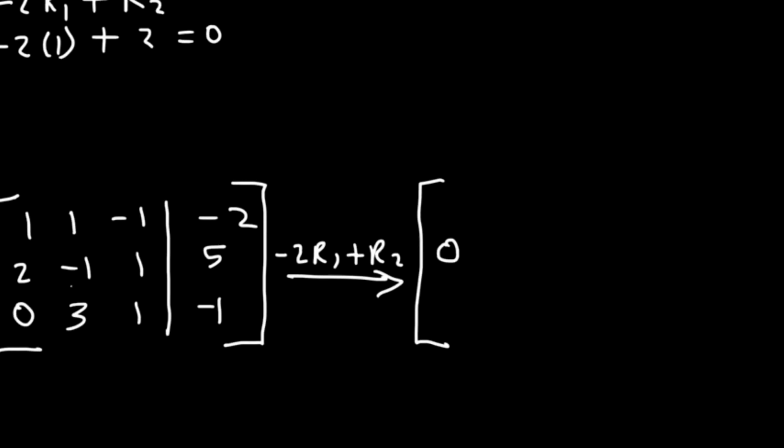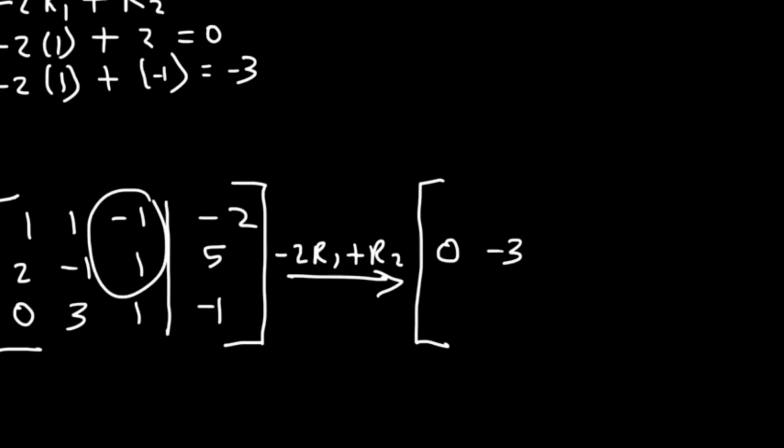Now for column 2, we're going to use these two numbers. So in column 2, R1 is 1, and R2 is -1. So this is going to give us -3. Now, for column 3, R1 is -1, and R2 is 1. So -2 times -1 is 2, and then add 1 to that.